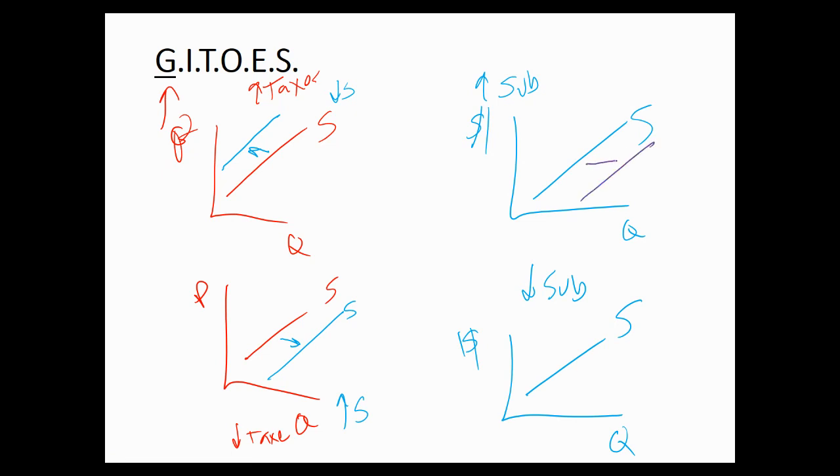That will be an increase in supply. That will shift them to the right. So that's an increase in supply. If they decrease subsidies, like they give them less money, that could lead to a decrease in supply. And so here, just under G, under government, you see 4 different shifts in the supply curve. So this is government involvement.